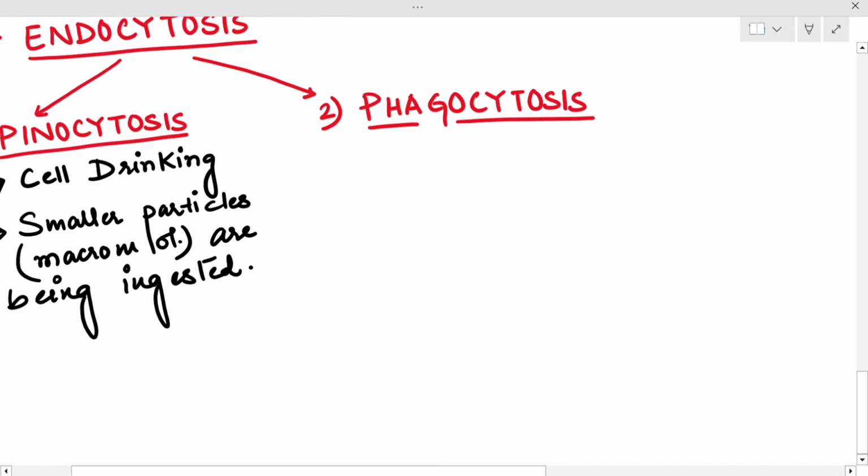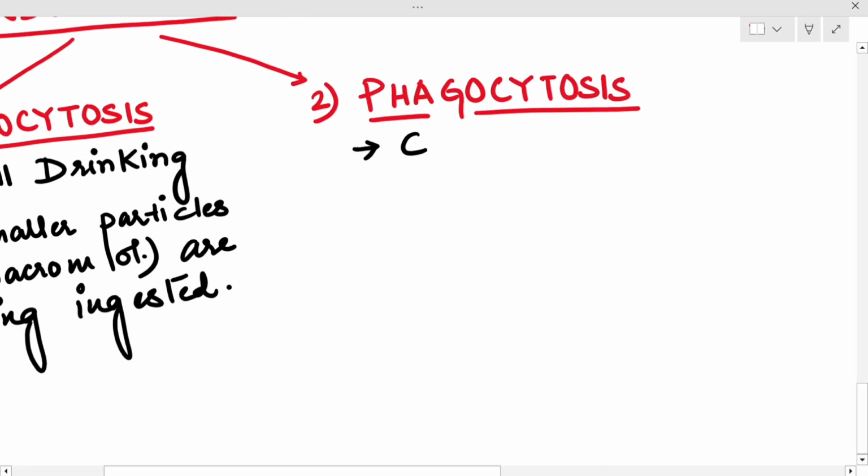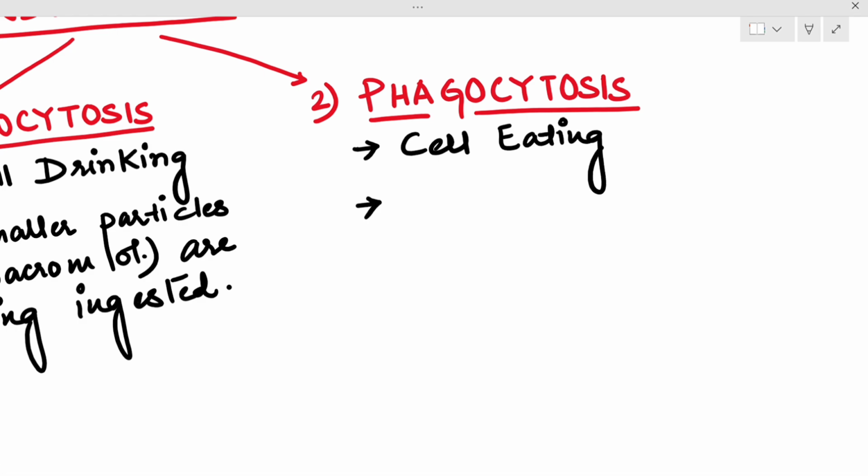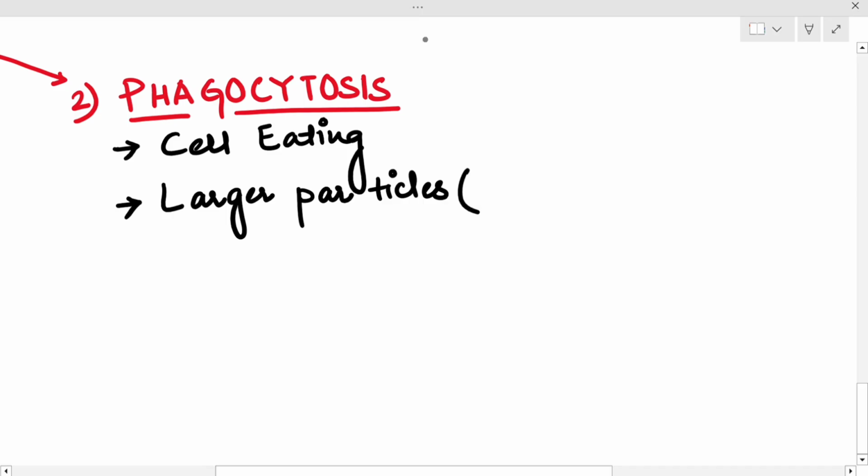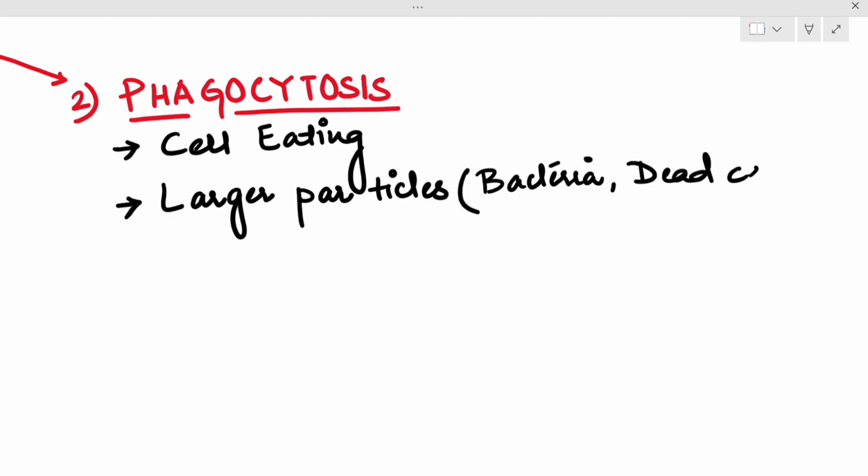Now, if we talk about phagocytosis, it is called cell eating. That means, contrary to pinocytosis, larger particles like bacteria, dead cells are ingested.